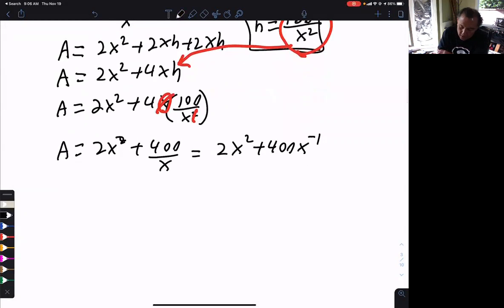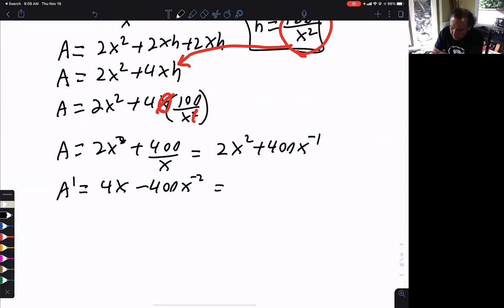Okay? So I want the derivative because I want to find the critical points, because that's where max and mins can occur, critical points or endpoints. The derivative would be 4x minus 400 x to negative 2, which is 4x minus 400 over x squared.